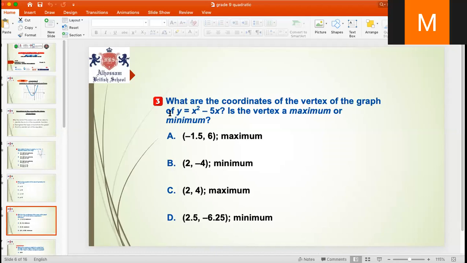According to this function, y equals x power 2 minus 5x, does it have a maximum or minimum?